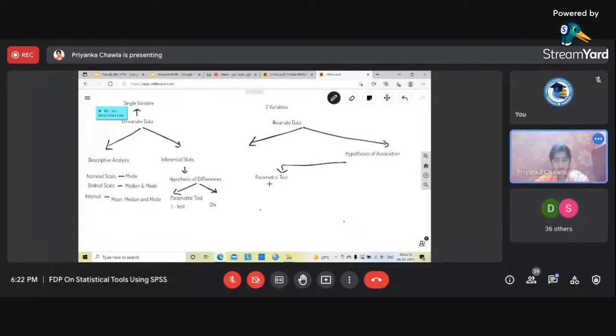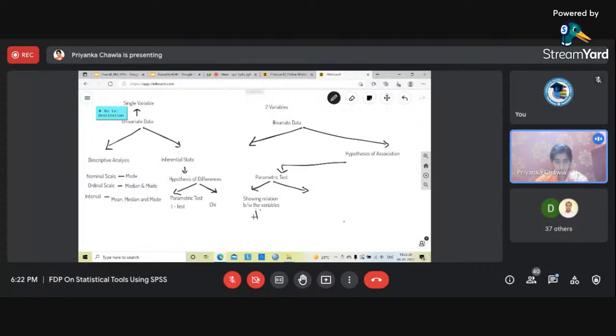If it shows the relationship between the variables, which test is to be applied? Correlation, right?